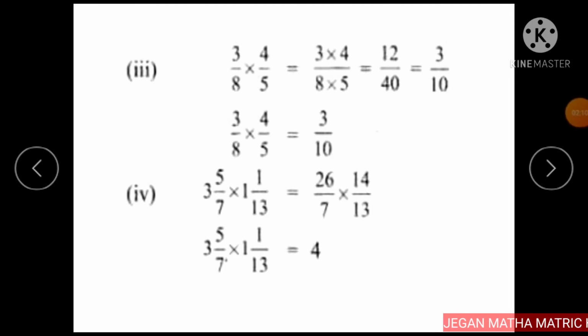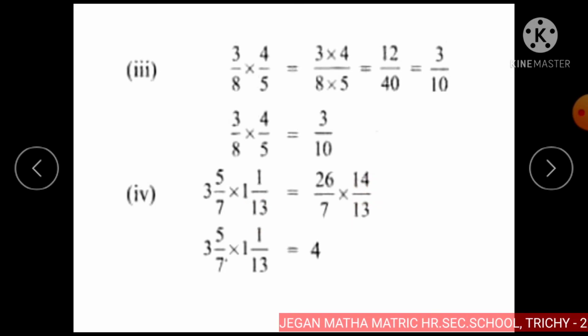Subdivision 4: 3 5 by 7 into 1 1 by 13. So the mixed fraction is first converted to improper fraction. So 3 5 by 7 becomes 26 by 7 and 1 1 by 13 becomes 14 by 13.